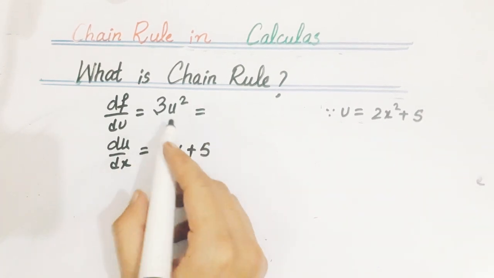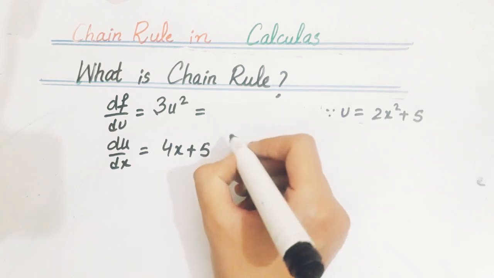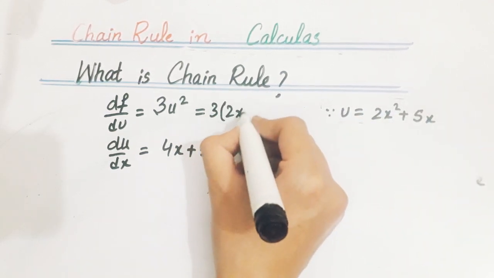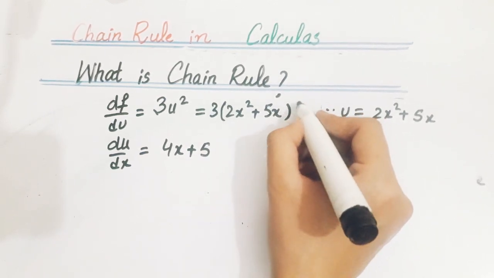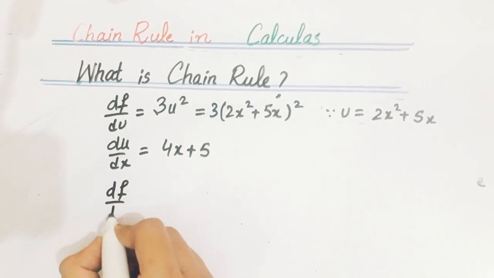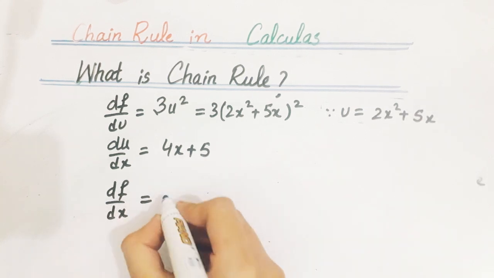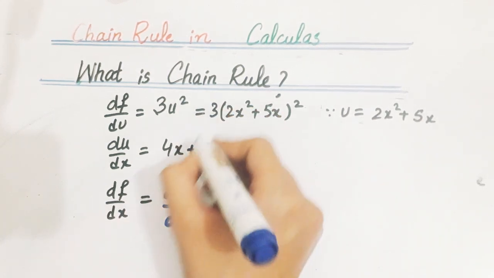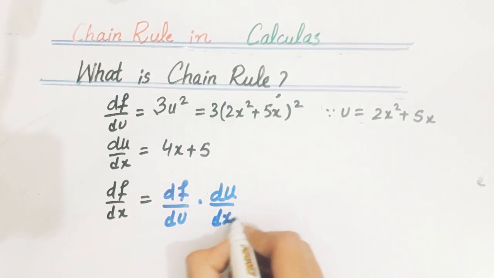So df by du was equal to 3u square. We will apply the value of u in this and get 3 into (2x square plus 5x) whole square. Now apply the chain rule: df by dx equals df by du, the outer derivative, multiplied by du by dx, the inner derivative.